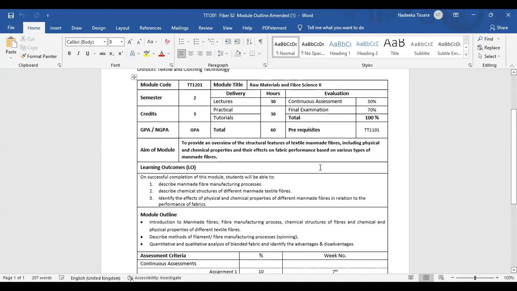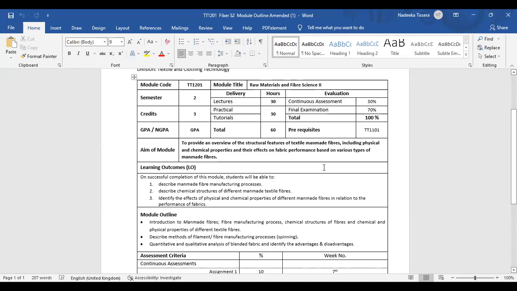And if I ask you to describe the difference between a polyester man-made fiber and a nylon man-made fiber, the main chemical differences. Based on those chemical differences, how are we going to select our dyeing process? Those things you need to be able to describe at the end of this module.